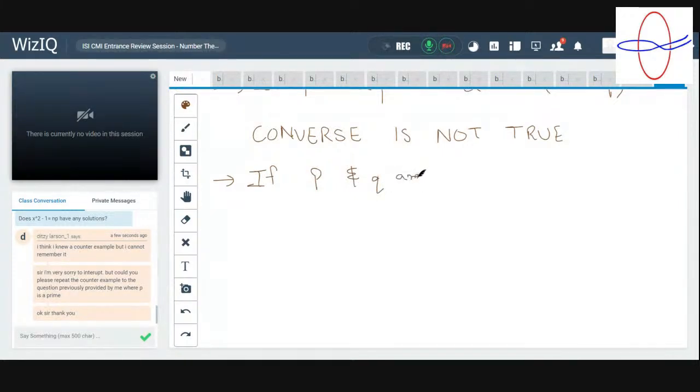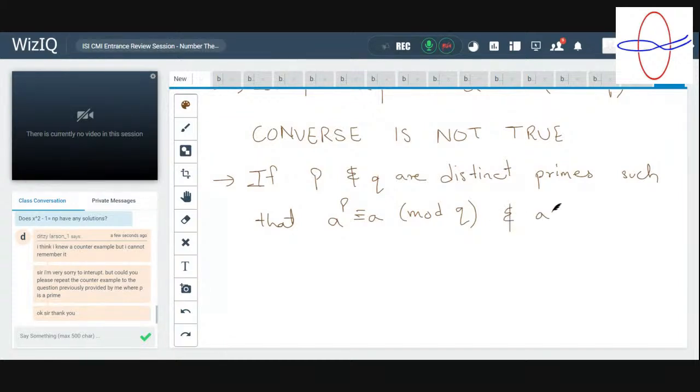So if p and q are distinct primes such that a to the power p is congruent to a mod q, and a to the power q is congruent to a mod p, then a to the power pq is congruent to a mod pq.